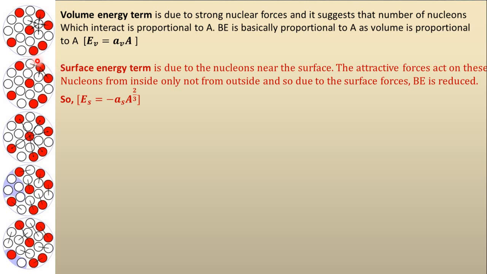This is the surface of this nucleus, so only nucleons inside the nucleus interact with this nucleon, and there are no nucleons this side, so the attractive force will not be present from outside.